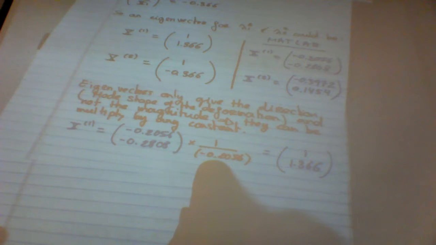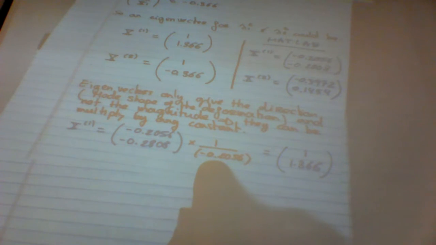And if we do the same thing for the other one, we had x2 equal to negative 0.3972, 0.1454, or maybe let me remove here, no, but here we needed to multiply by the negative, no?